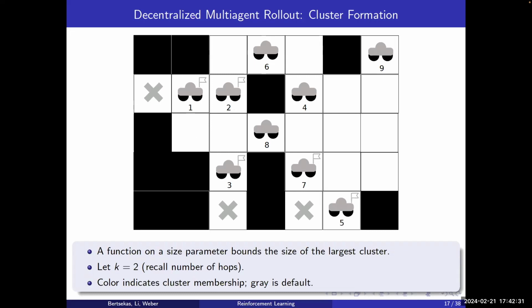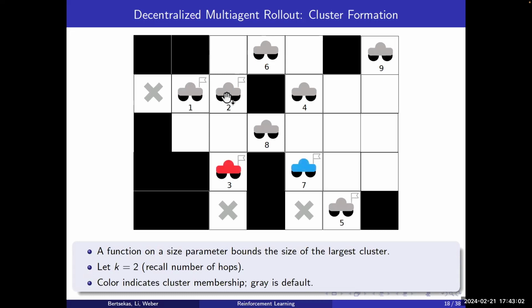Okay, so the way the cluster formation works is as follows. Any agent that can see a task at the beginning of this iteration of DMAR will raise a flag indicating so. That's what these little flags represent. Then if an agent sees an agent that has its flag raised, it will disqualify itself from becoming a leader if any such agent has a larger ID.